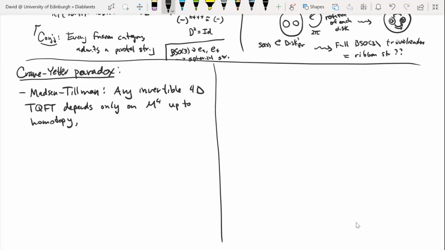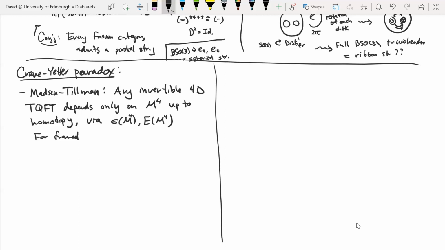And in particular, it depends only on the signature of M and the Euler characteristic of M. And now for framed 4 manifolds, these are both trivial. So that would seem to say that studying Crane-Yetter as a framed TFT is sort of a pointless thing to do because it can only produce completely trivial invariants of 4 manifolds.